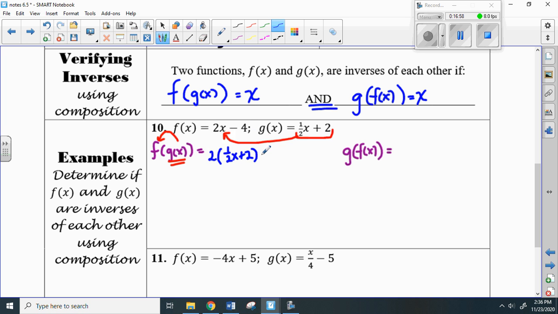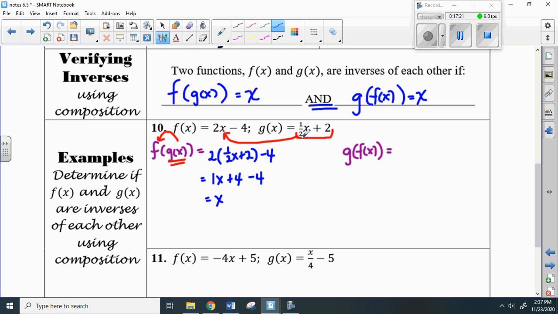Then I still have this minus 4 that I have to bring down. And now I have to show all the math and simplify. So I need to distribute my 2, and I get 1x plus 4. Then I have a minus 4. And look at that, 4 minus 4 cancels, and 1x is the same thing as x. So that one works, but that's not enough.